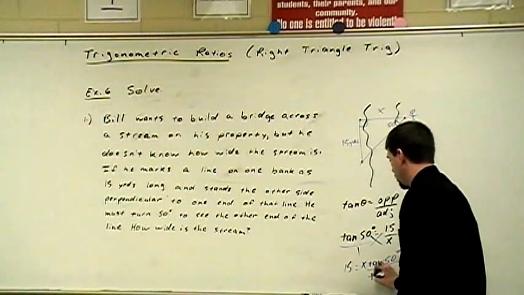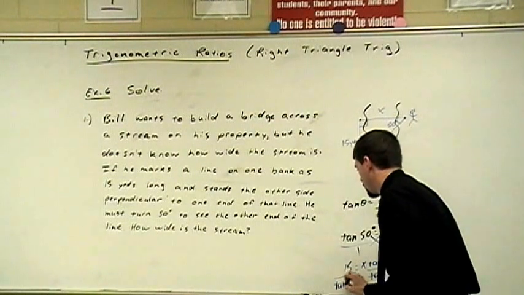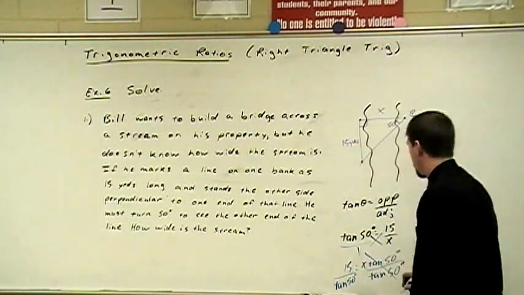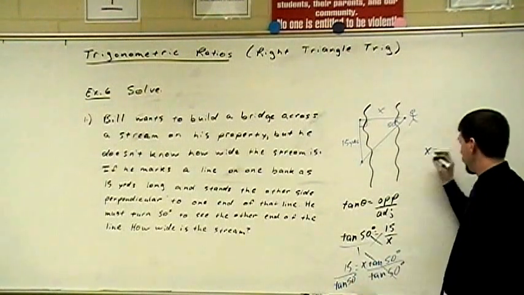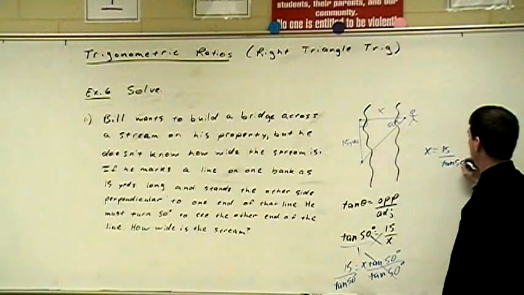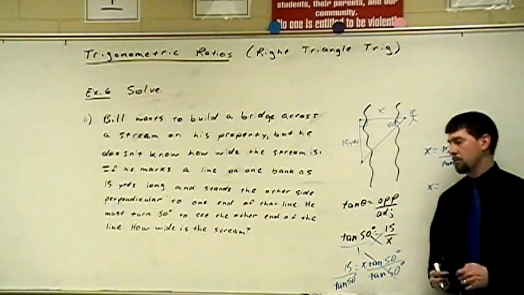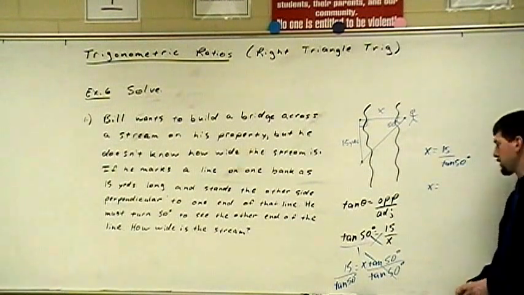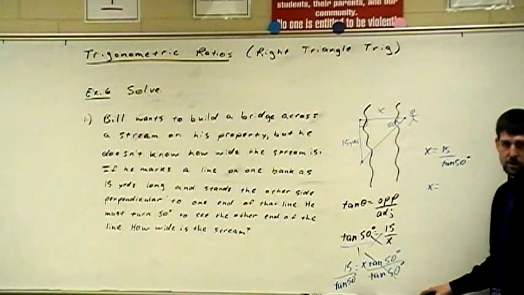Then I divide by tangent of 50 degrees. So I'm going to get x equals 15 over tangent of 50 degrees. So the width of the stream, wherever he's going to build this bridge, or how long he's going to build this bridge, has got to be at least this long, whatever 15 over tangent of 50 degrees is.